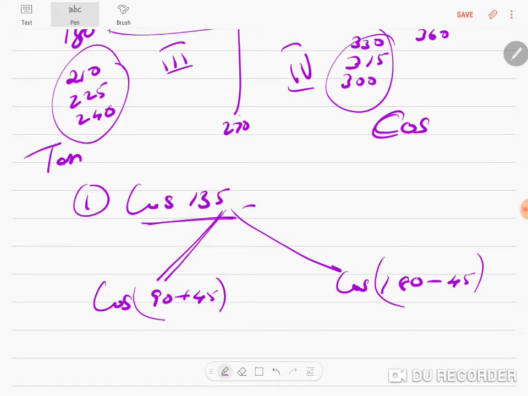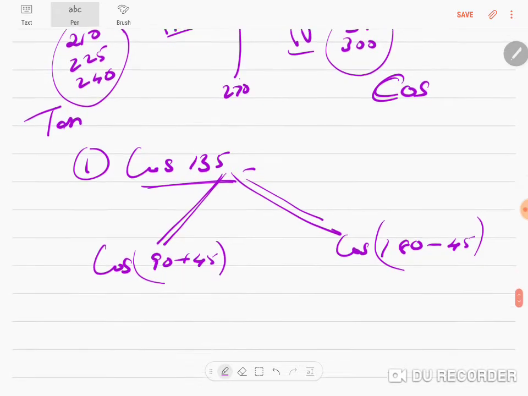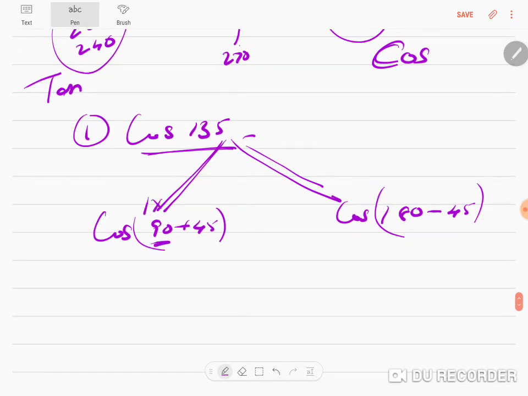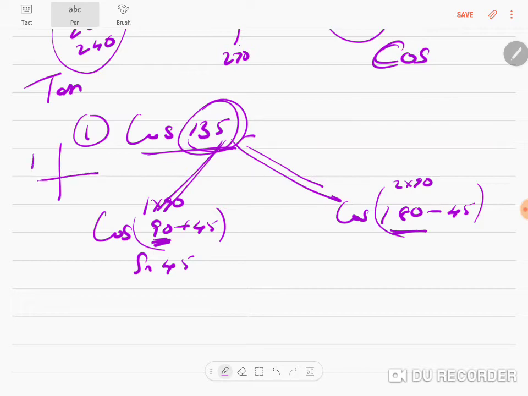You can write it as cos of 90 plus 45 or cos of 180 minus 45. This is an odd integral, 1 into 90, whereas this is an even integral, 2 into 90. You've come across this last year, where cos will become sin 45. But you have to now think which quadrant the question is in. It's in the second quadrant where only sin is positive. But the question here is about cos, so minus sin 45, which is minus 1 by root 2.